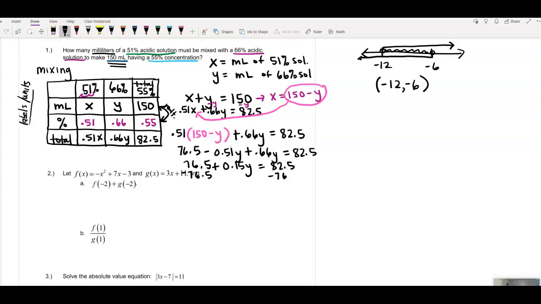I'm running out of room here, but hopefully when you look here, you can see what I came up with and make sure you came up with the same thing there.